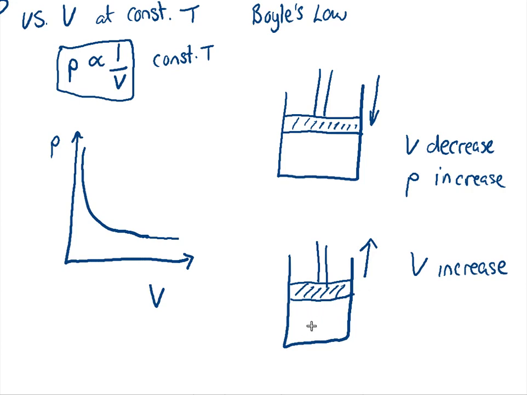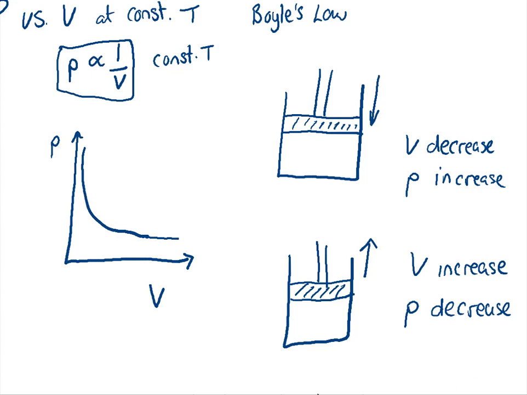Well, the same amount of gas will be present in our sample, but because the volume is greater, the number of collisions per unit time between the atoms and the molecules and the side of the container will decrease. So as a result, the pressure will decrease. Okay, so that's a rationalization of Boyle's law, which as a graph, when sketched, would look something like this. That's what an inverse relationship would look like.